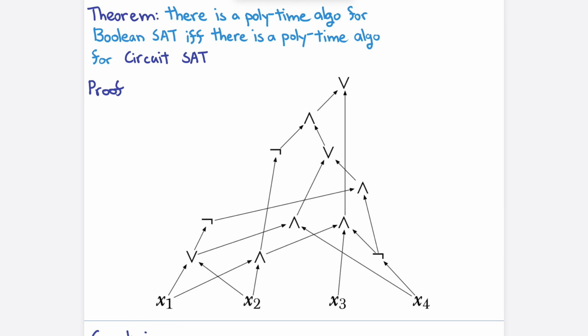But how can I use Boolean SAT to solve circuit SAT? So here's a circuit, and I want to turn it into a Boolean formula. You can even turn it into a CNF.